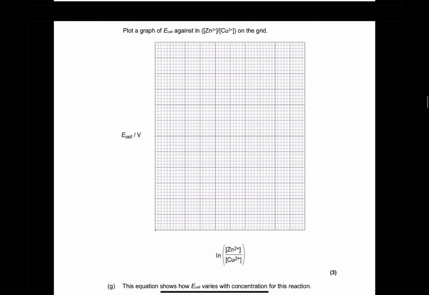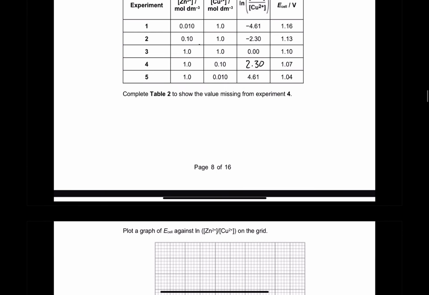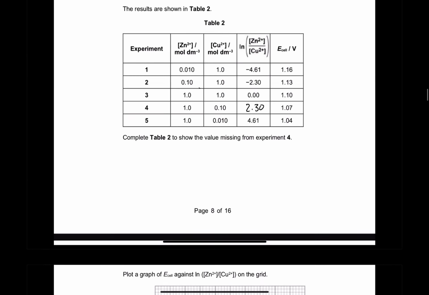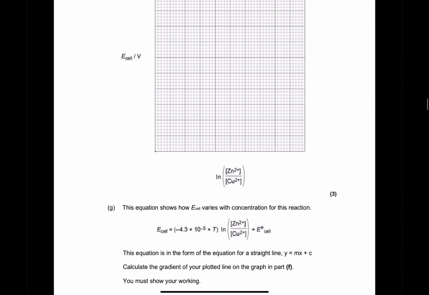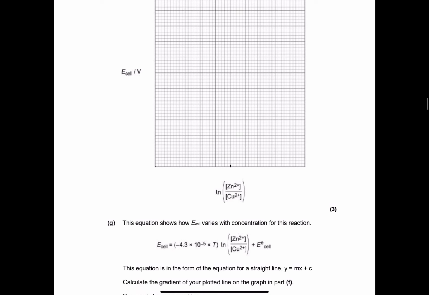And then they want me to plot a graph of EMF. That's negative, so this is negative. Okay, I'll get my ruler out. I believe that is the dead center. Looks like it, at least.